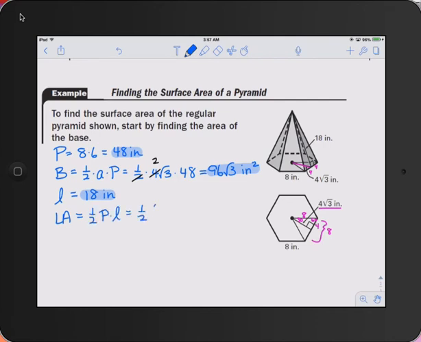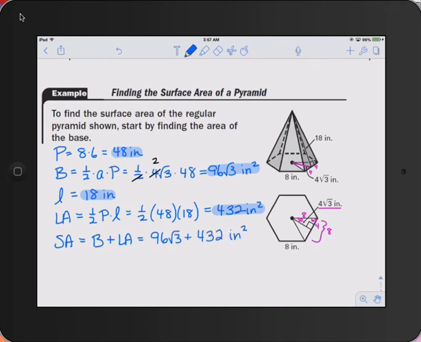So 1/2, 48 times 18 is 432 inches squared. And then the total surface area will be one base plus the lateral area. So one base was 96 root 3. The lateral area was 432, and that'll be in inches squared.